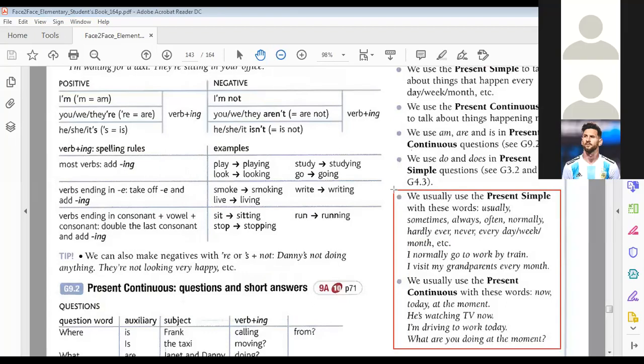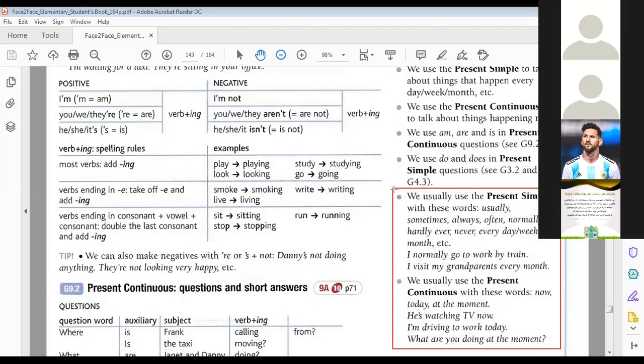Okay, let's see who's here. Aisha, can you hear us? Are you there? Yes, I'm here. Okay, good. Can you read the examples, please?